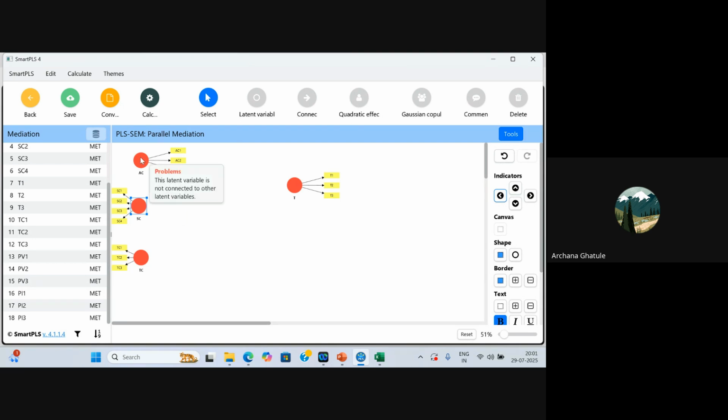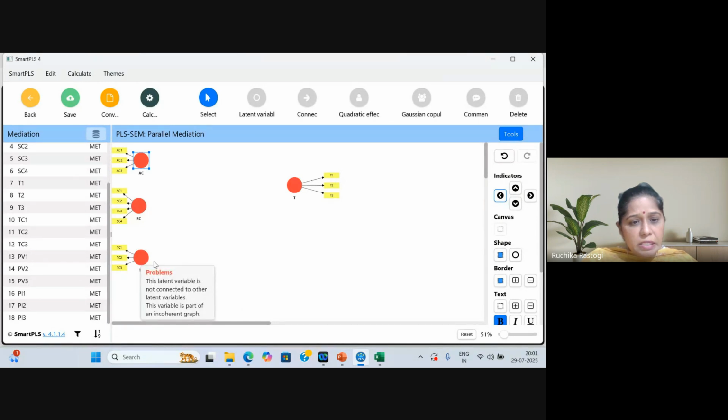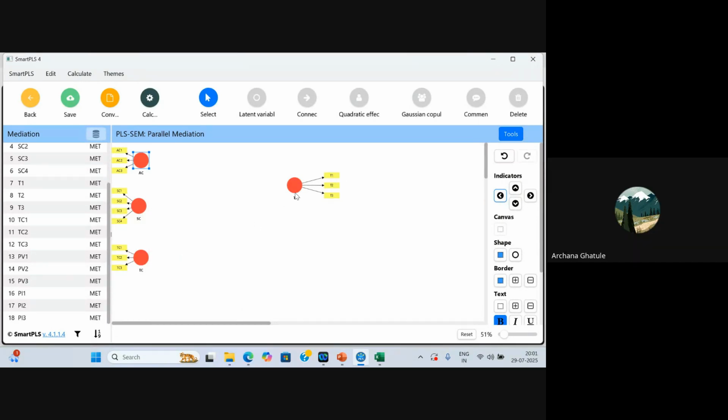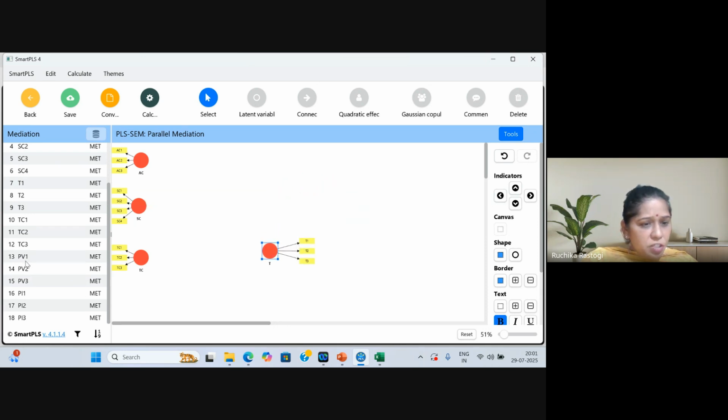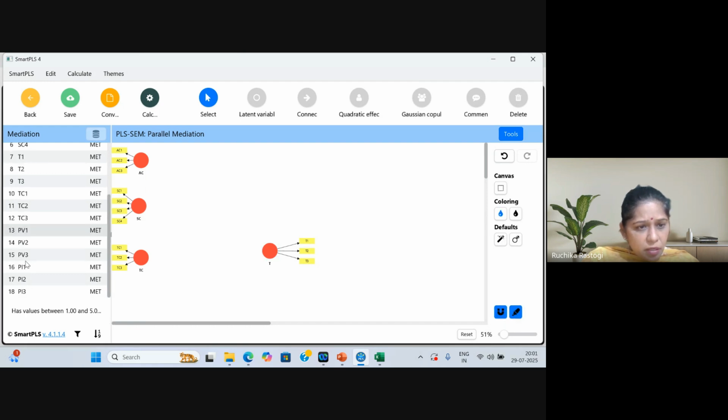Which you have taken as the third one, at the right hand side, TC. And this is a mediator, trust. This is the first mediator. And PV is the second mediator.